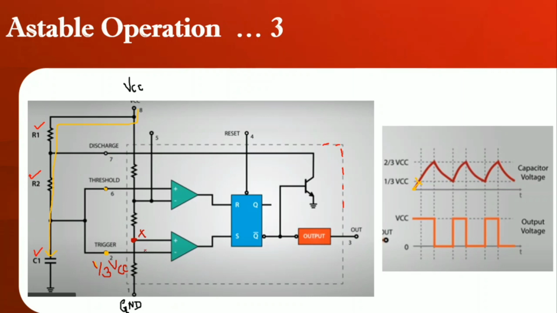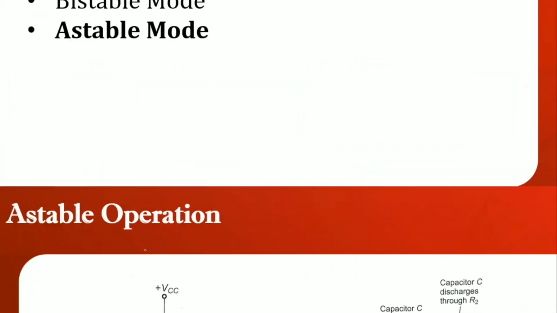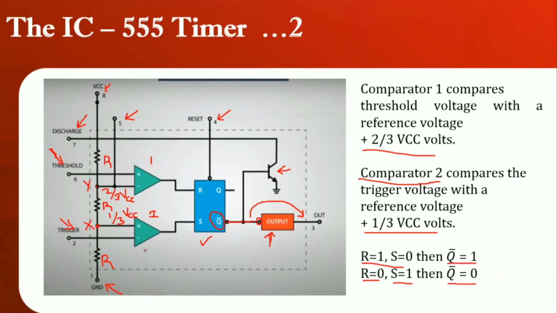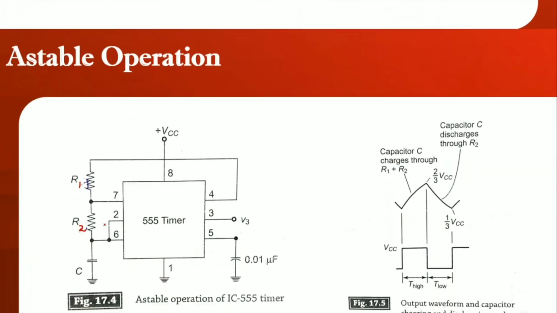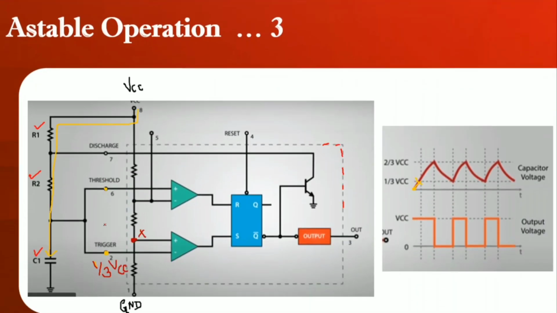At point X you have 1 by 3 times of VCC. The same thing happens here. Now comparator 2 will work and it will give a signal to S.